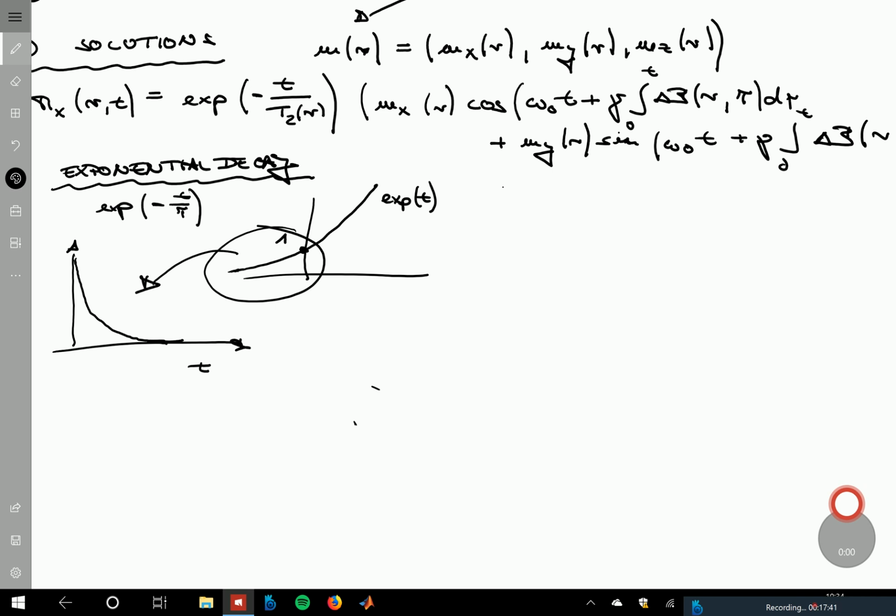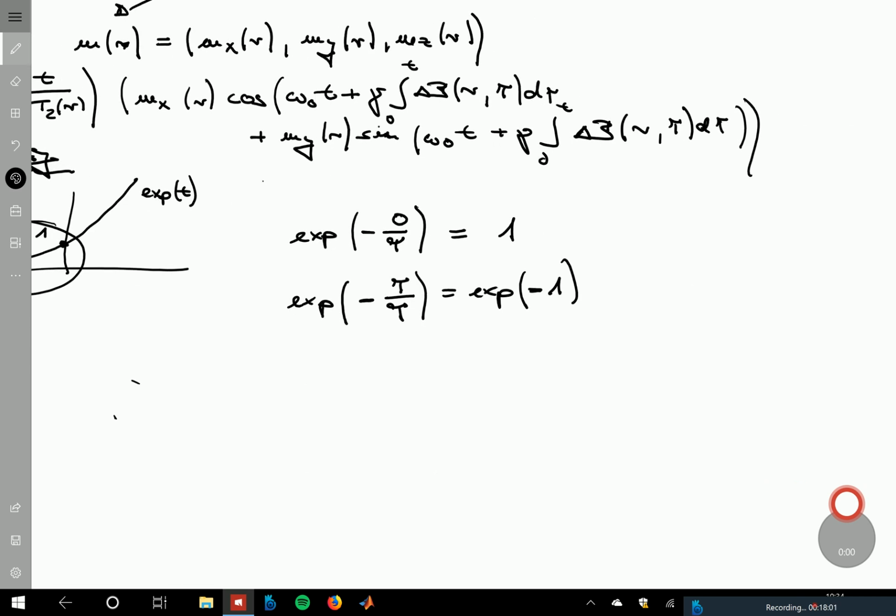So the point is, if you look at this, that's 1. If you look at this, that is exponential of -1.